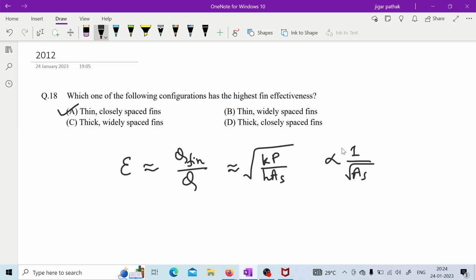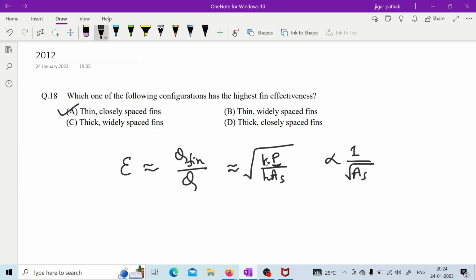Widely spaced fins? In that case you may not have that perimeter, which is also an important thing. If you space them widely, then the total surface area available in the perimeter will be less.